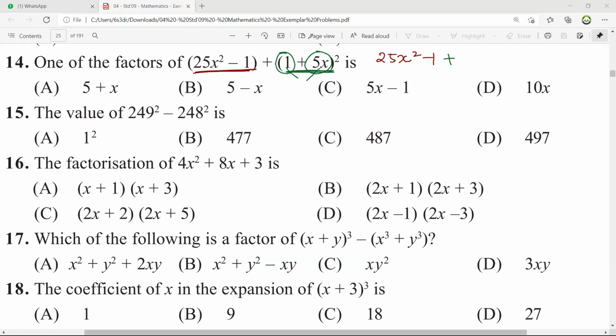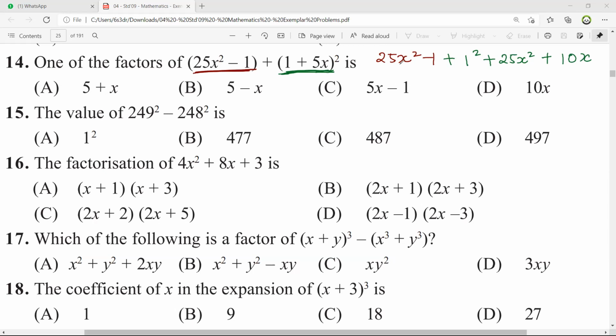So 5x whole squared is actually 25 times x squared, and then plus 2 times this into this. So 2 into 5 is 10, so that is 10x. Is it clear till here, or am I going too fast? Yes, ma'am, it's clear. If there's any doubt, please ask. Don't hesitate, or you can just ask me in the chat box. I can repeat.